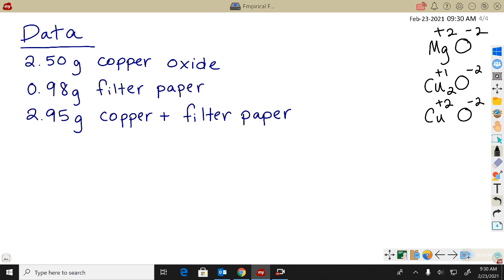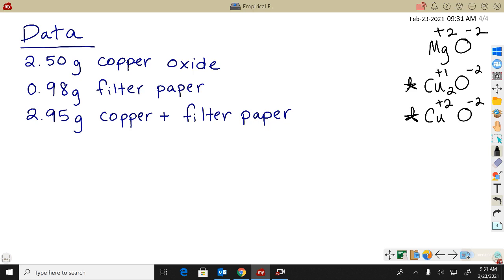So I know one of the 2 formulas should match my data. It should either be this guy, Cu2O, or this guy, CuO. It should either be a 2-to-1 or a 1-to-1 ratio of copper to oxygen, just because +1 and +2 are the most common charges on copper, and those are the 2 containers that I have.